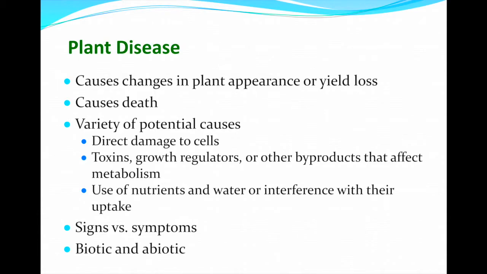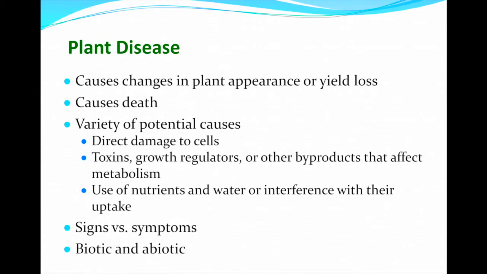But a variety of potential causes to why plants can get sick and die or have differences in appearance and behavior. This could be because a pathogen can directly damage cells. So cells are the smallest units of life. And if you start to damage and kill cells, you're obviously on a small localized level going to have a reaction that can translate to a bigger reaction, systemic across the entire organism.